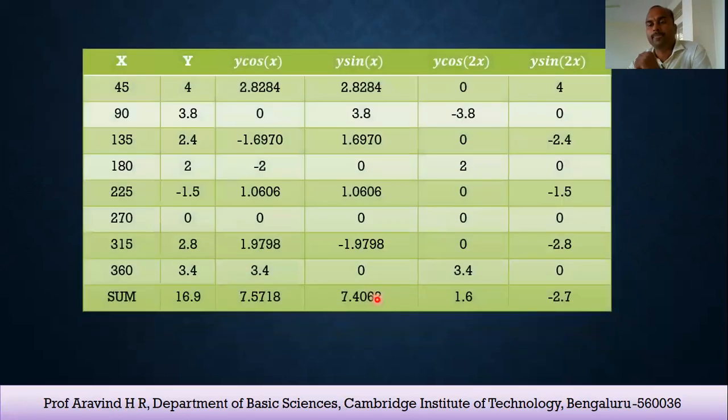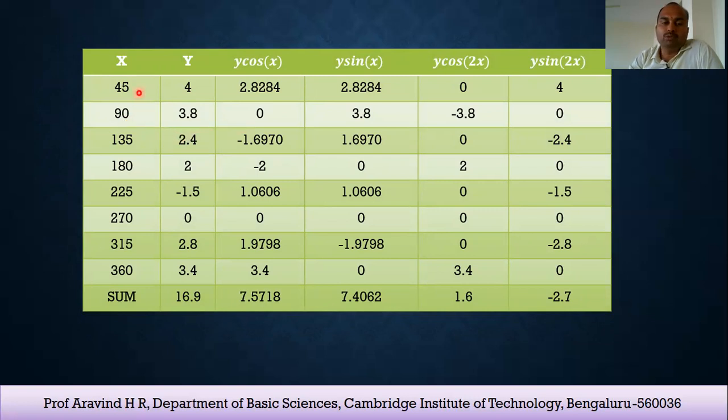That is the table. We need A0 up to A2, B2. See, A1 means summation y cos theta, which we require. Theta is nothing but x. Similarly, Y value 4 into cos 45, that is 2.8284. 3.8 into cos 90, that is 0.